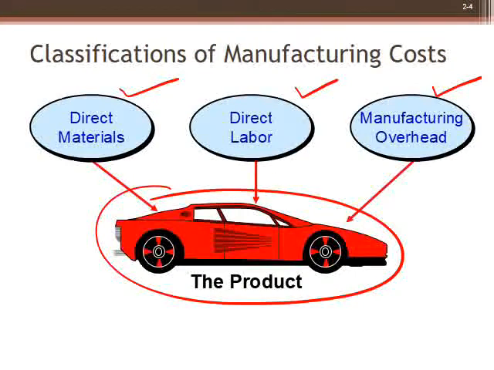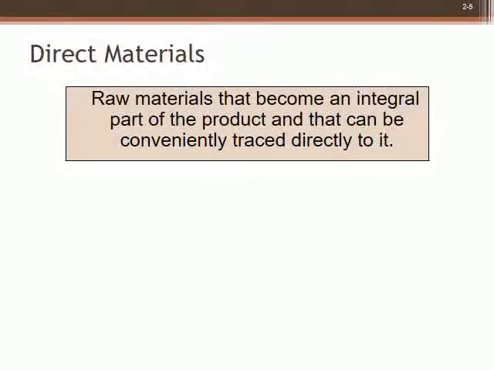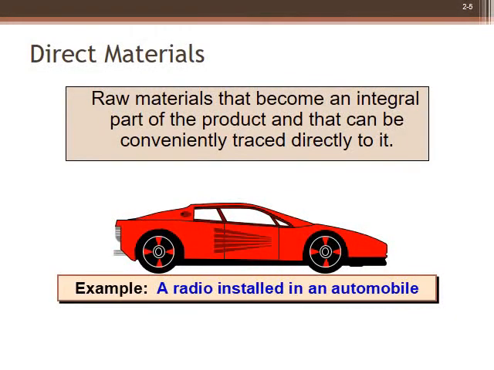So let's talk about direct material. Direct materials are raw materials that become an integral part of the product and that can be conveniently traced directly to it. An example of direct material, as mentioned here, is a radio installed in an automobile.